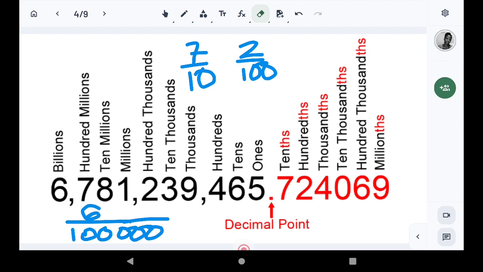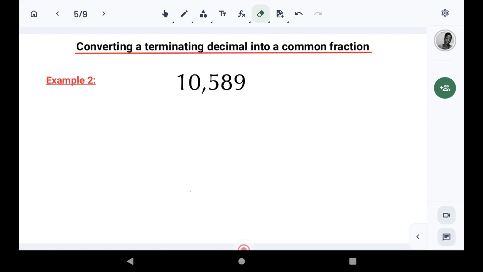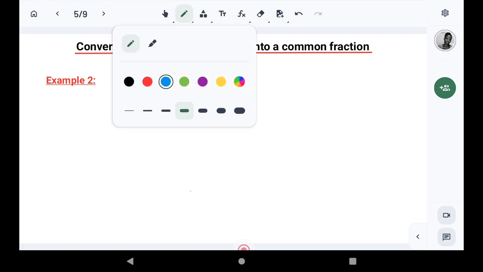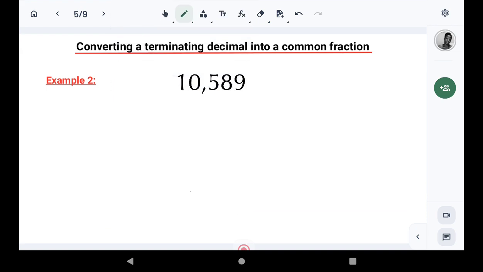Now let's look at how we convert decimals, whether they're terminating or repeating, into common fractions, or what we call rational numbers. We have an example here, and it goes 10,589.